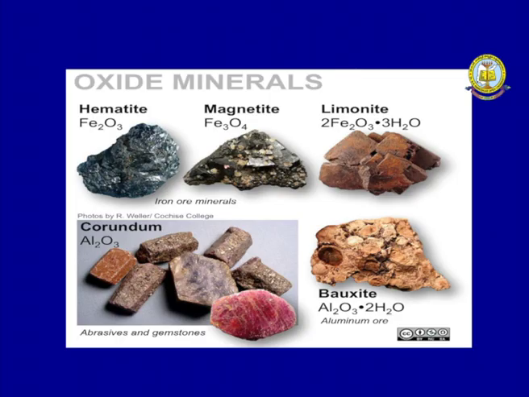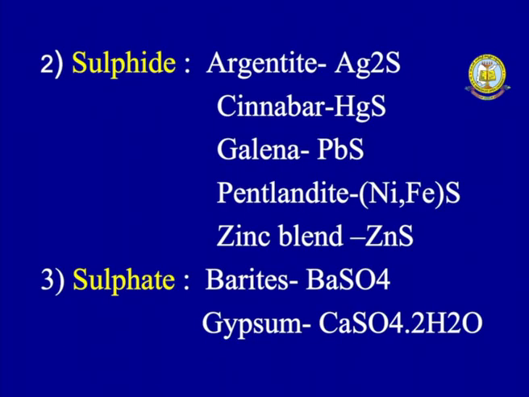You see the images of a few oxide minerals or oxide ores like this. And the next one, sulfide, the famous sulfide argentite. Here the formula is Ag2S, and the metal is silver. And cinnabar, this one is HgS, where mercury is available.